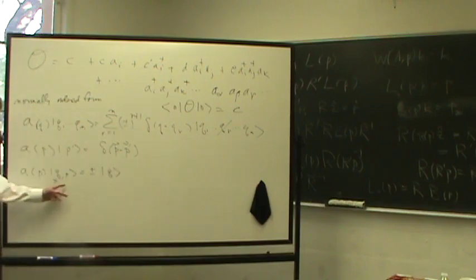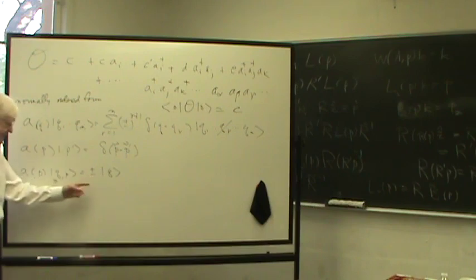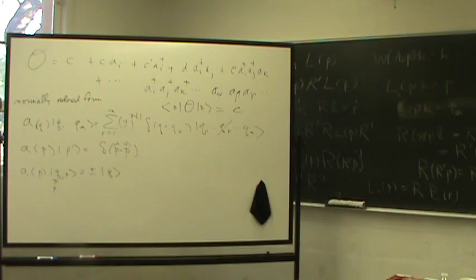In other words, we'll take out the state p, and if A annihilates a fermion, and if q is a fermion, then we'll get a minus sign, otherwise we get a plus sign. Okay?